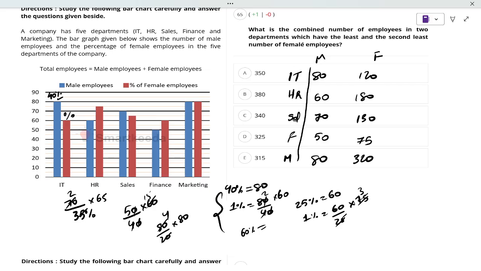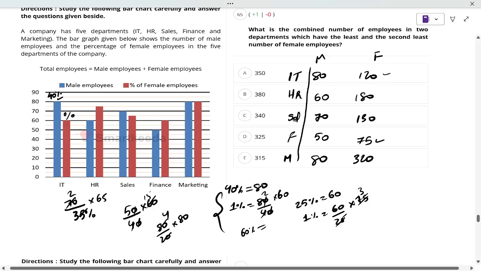What is the combined number of employees in the 2 departments which have the least and the second least number of female employees? The female employees list is here, and the second is this one. So 120 plus 75 will give us 195. But they're asking for the combined total number of employees.